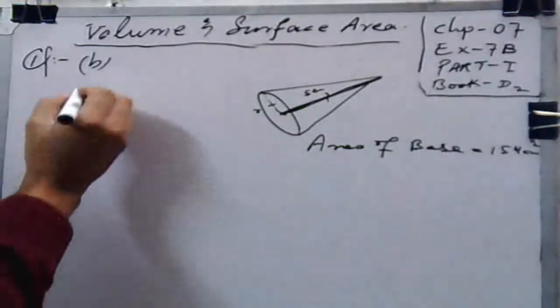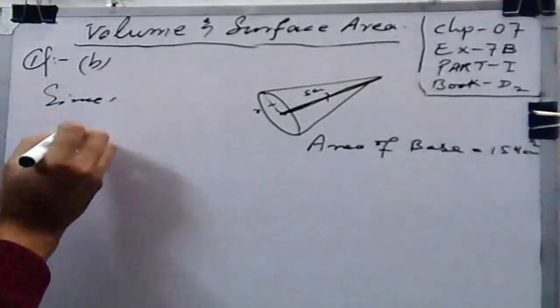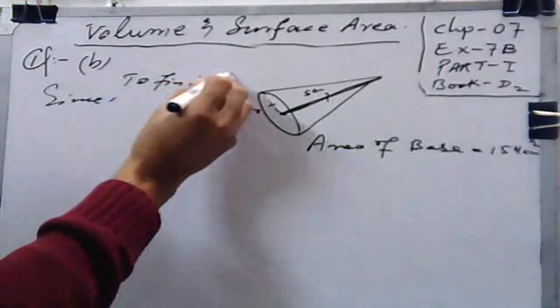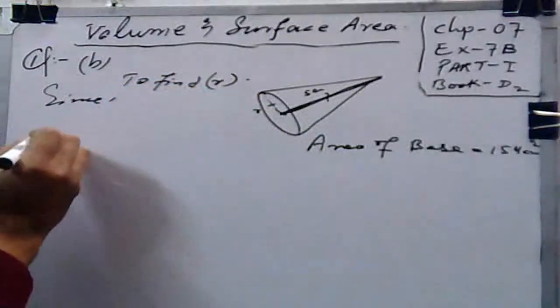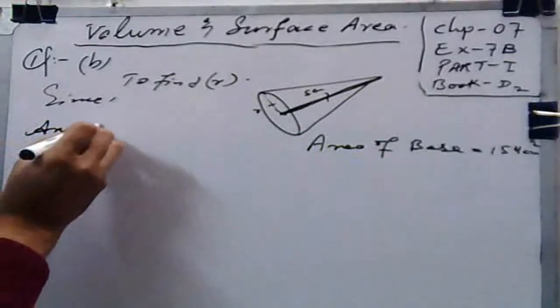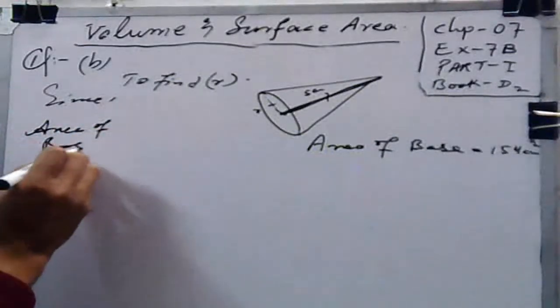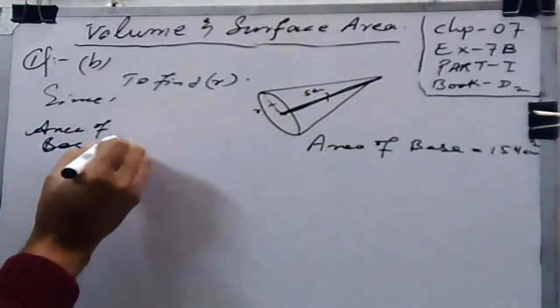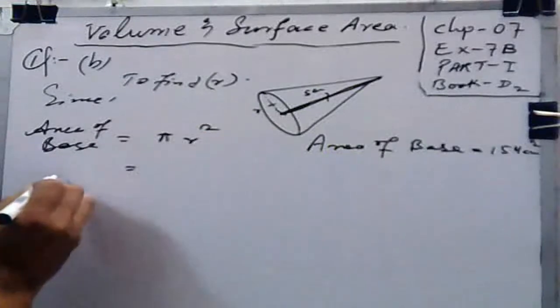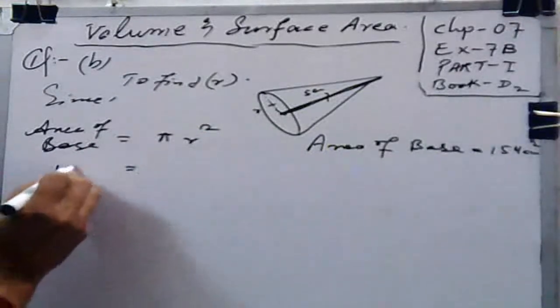So first I have to find r. Since area of base is equal to pi r square, and the area of base is given to us, that is 154.